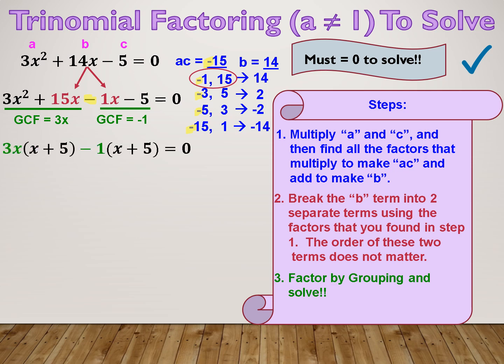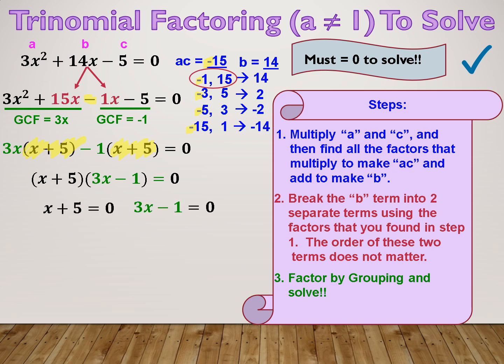So now I factor 3x out of the first 2 and negative 1 out of the second 2. And you'll see right here, they leave me with x plus 5. So there's my common term. So I'm going to factor it out front. And when I factor x plus 5 out, that gives me 3x. And that leaves me with minus 1.